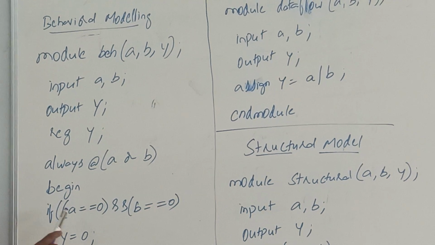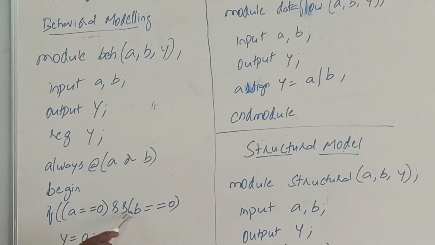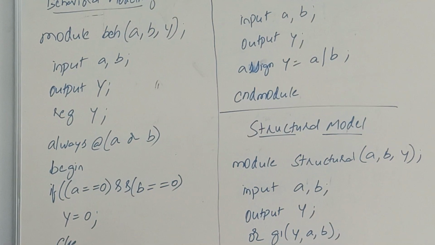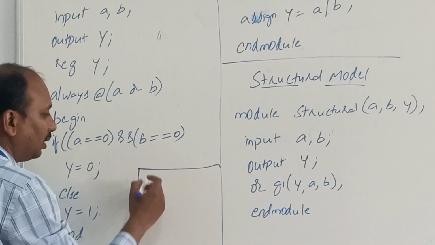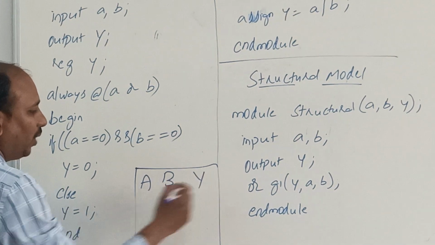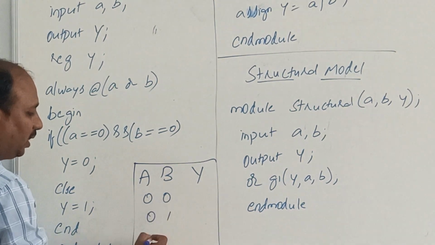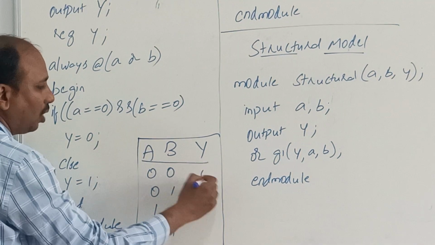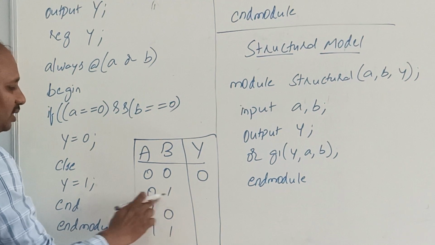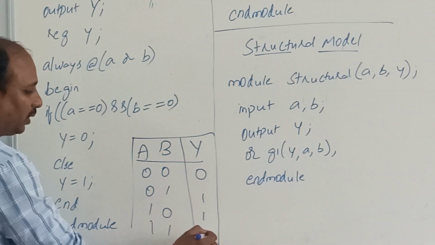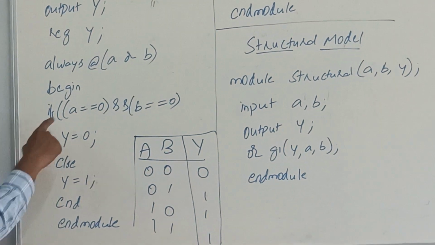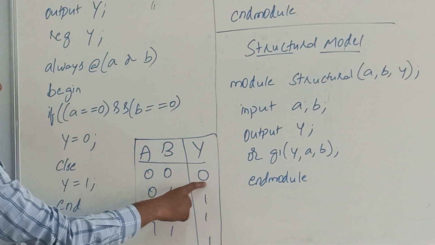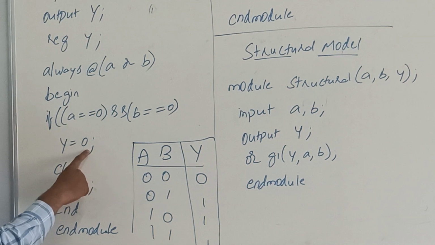If A equals 0 and B equals 0, what is the output? Y equals 0. We know the truth table of an OR gate: A, B, Y: 0 0 0, 0 1 1, 1 0 1, 1 1 1. When both inputs are 0, the output is 0, and even if one single input is 1, the output is 1. So if A equals 0 and B equals 0, the output is 0, so Y equals 0.